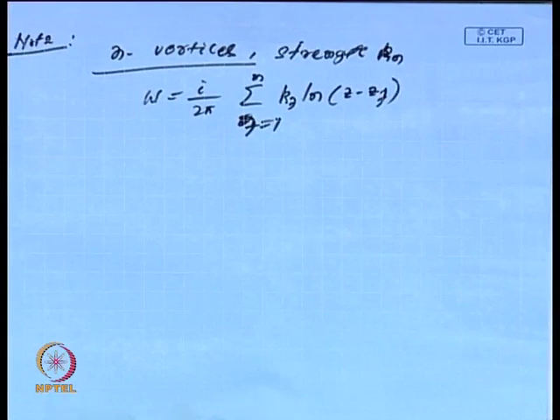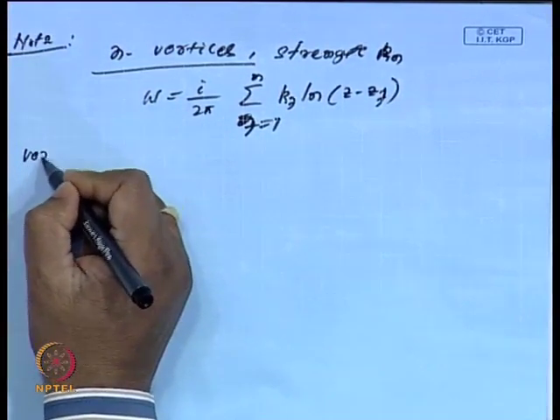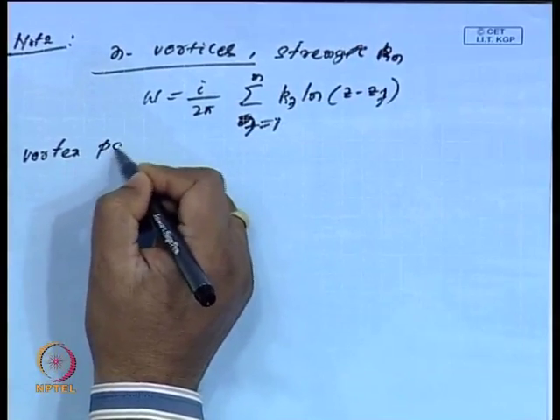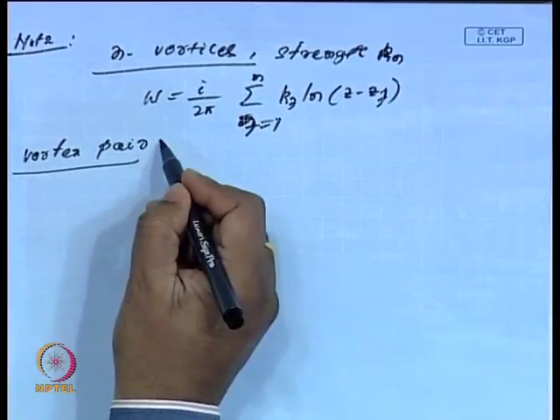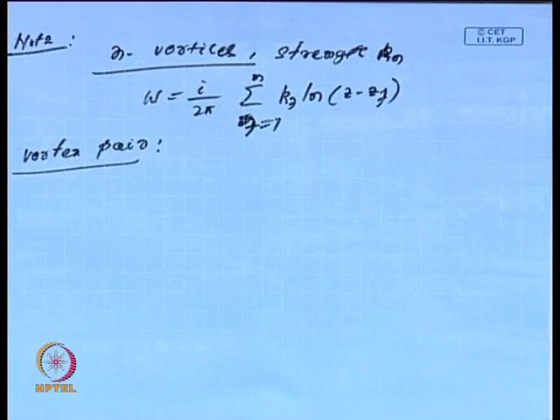Now, with this, let us look at a vortex pair. What happens in case of a vortex pair?